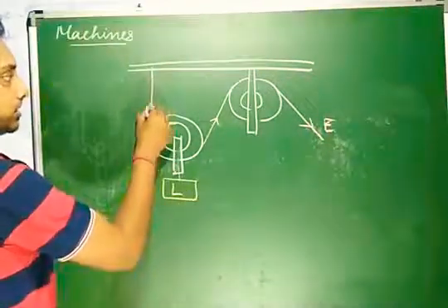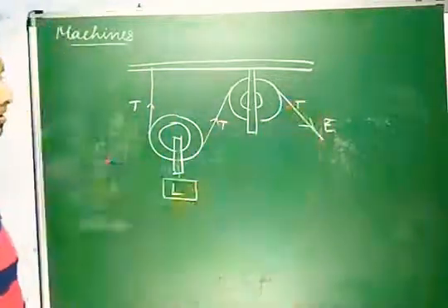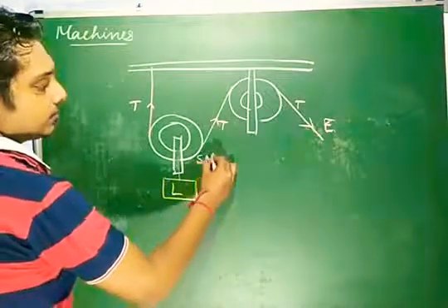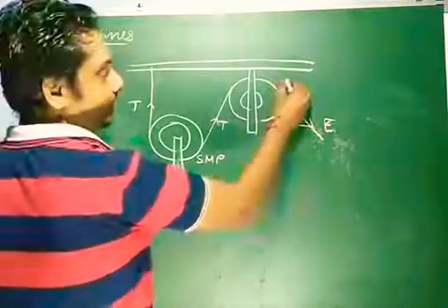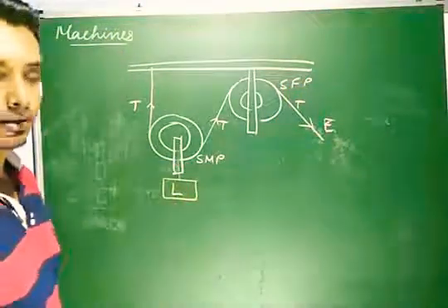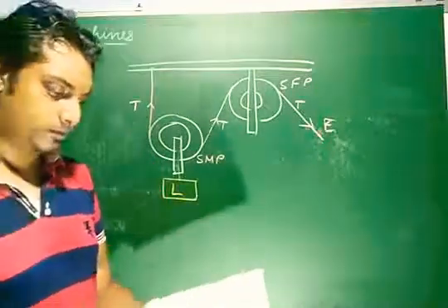So this is the tension over here, and this tension is equal to this tension. Alright, so this is how we are using single movable pulley and single fixed pulley together. There are numericals based on this which you can go through.